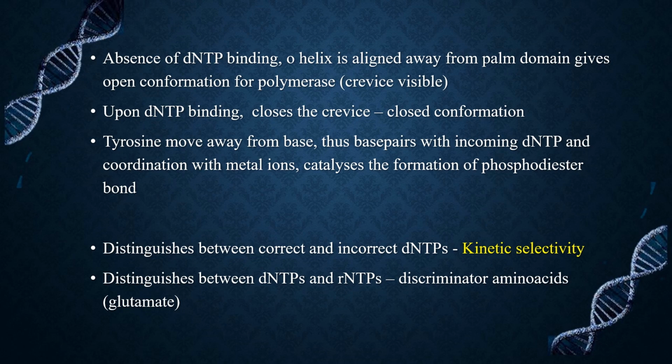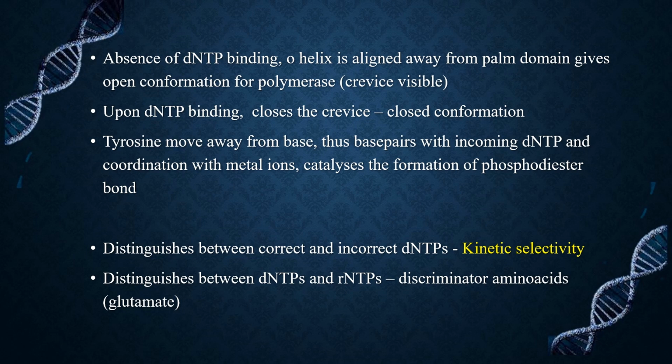It is called the closed conformation. During the conformational change, the tyrosine amino acid moves away from the templating base, which returns it to its original orientation. If it base pairs with the incoming dNTP, it will be in ideal position for coordination with metal ions, which catalyze the formation of the phosphodiester bond.